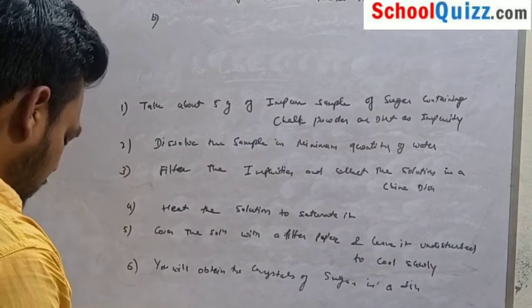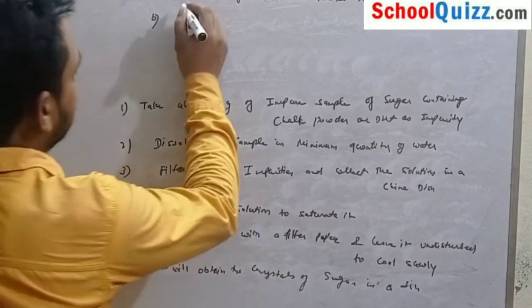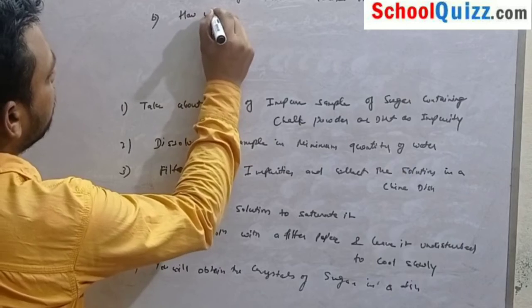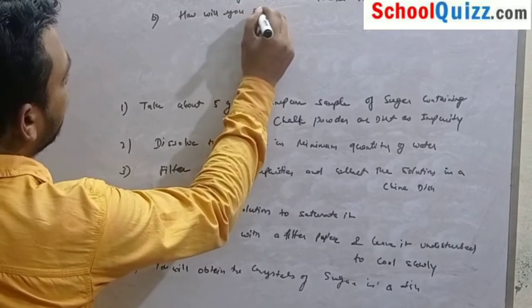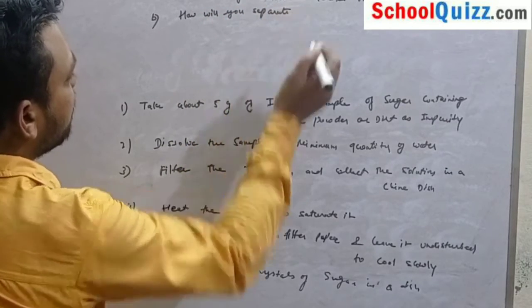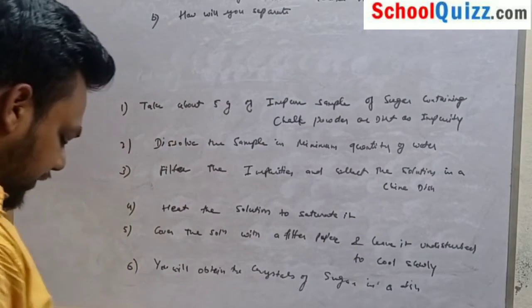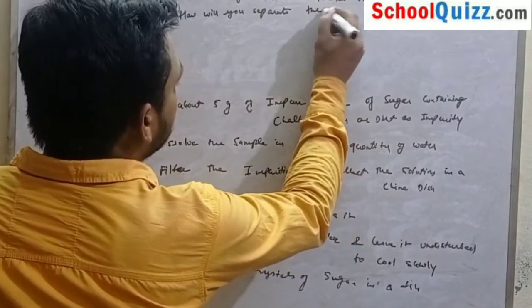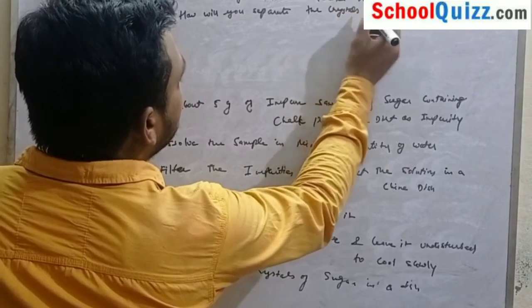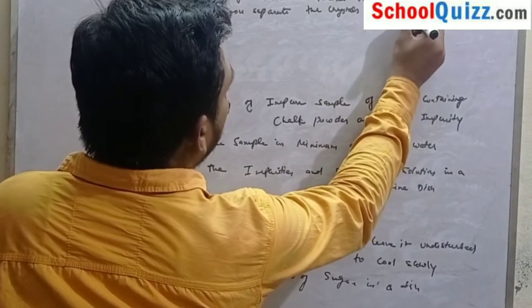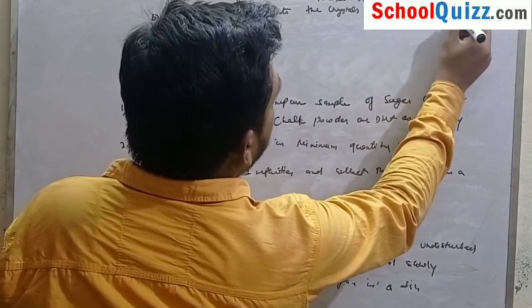Second one is, how will you separate the crystals from the liquid in the china dish?